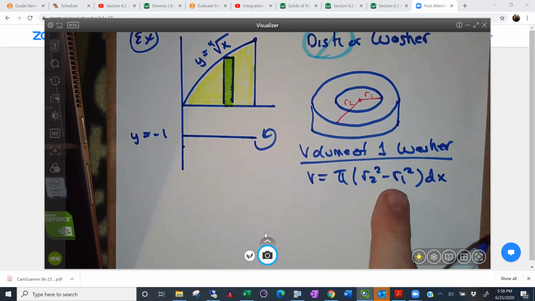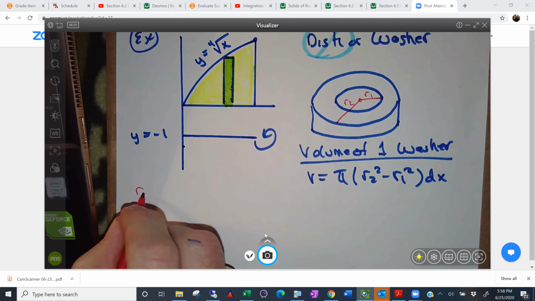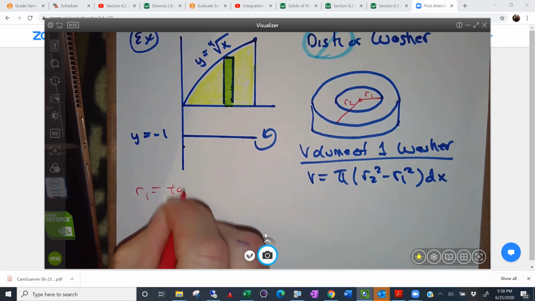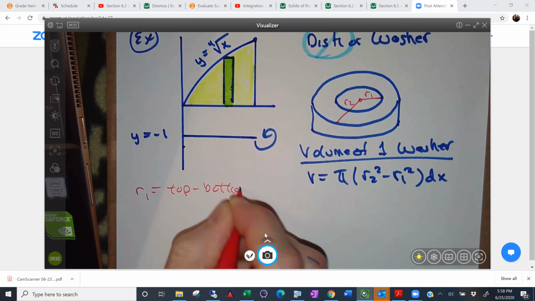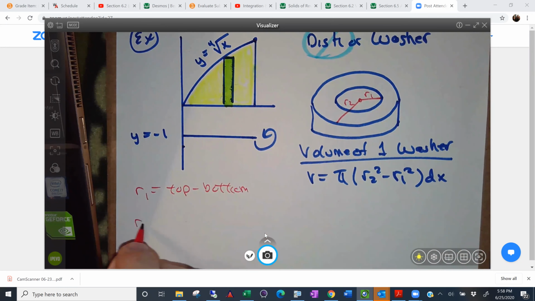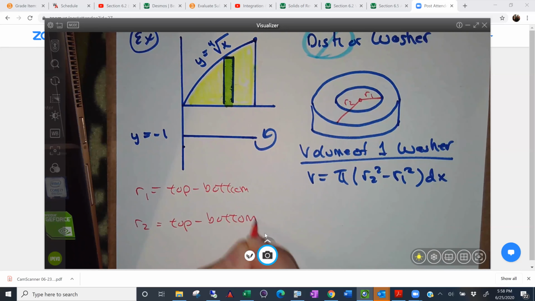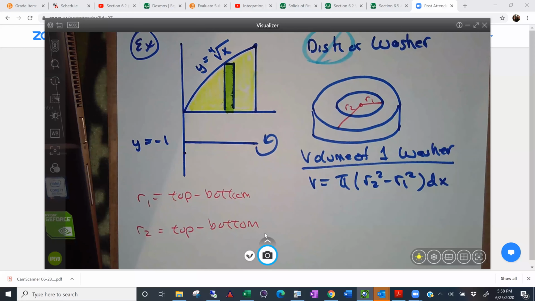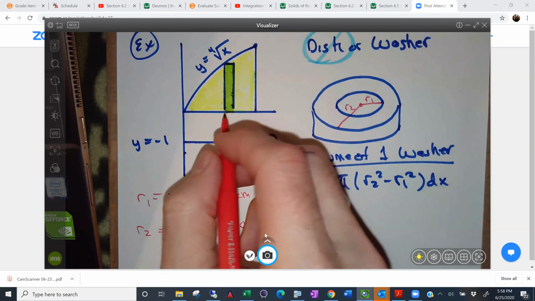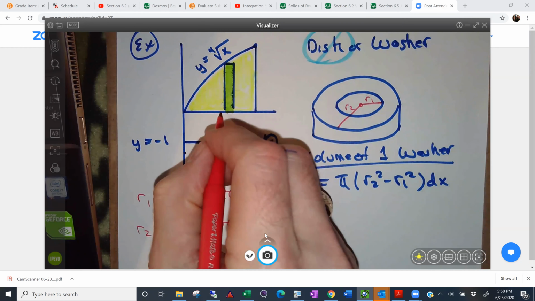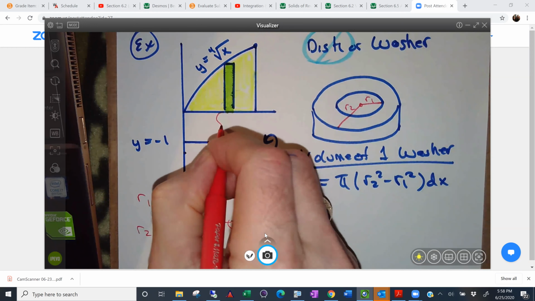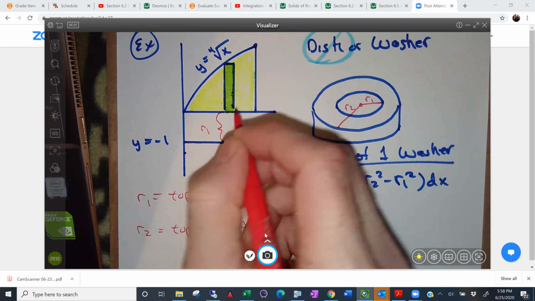So I need a couple of expressions. I need an expression for R1 and R2. So R1 is going to be your inner radius. And let me see, let's draw a couple lines here. Here's my inner radius. That's R1.